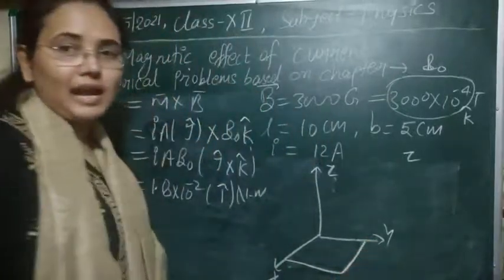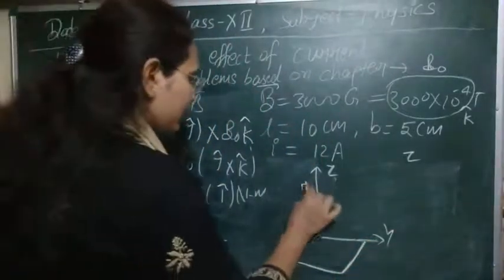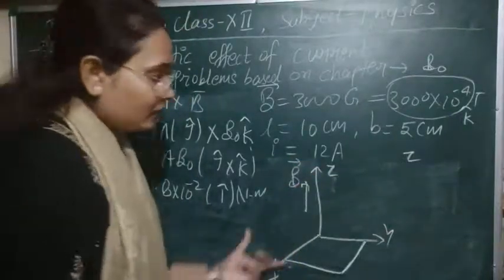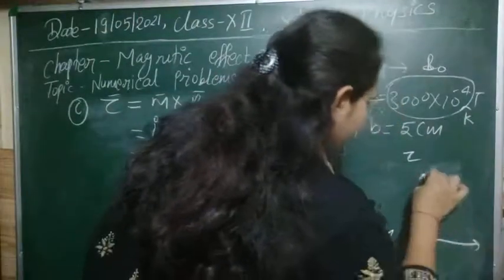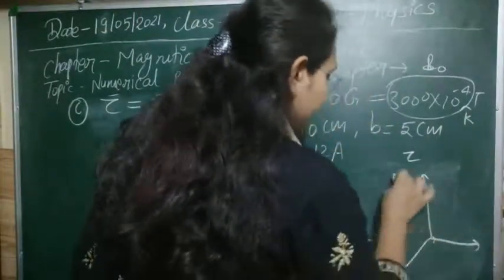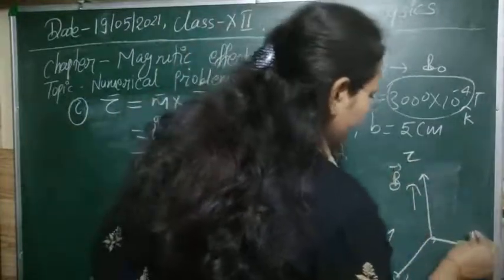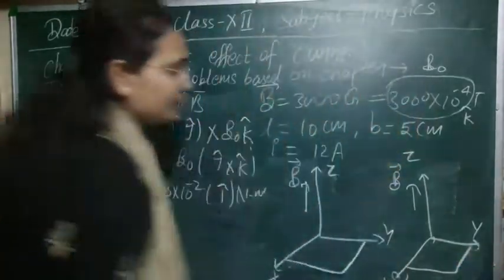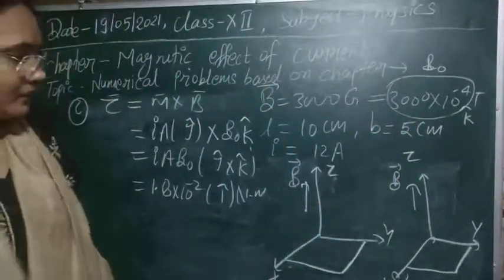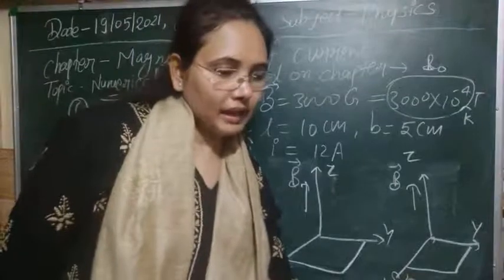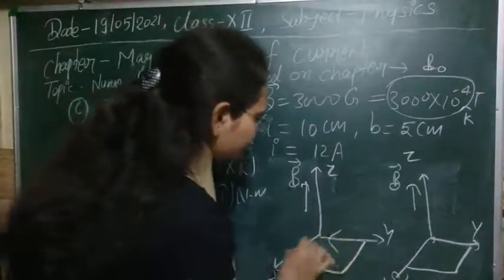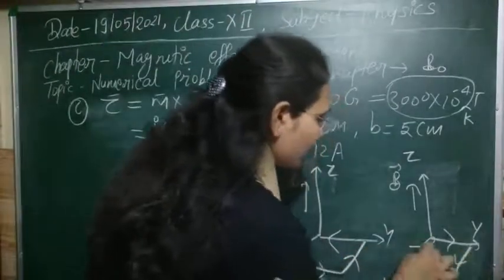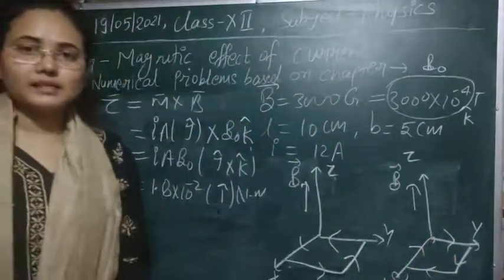So suppose we have a loop in the XY plane, and again the magnetic field is in the same direction along the positive Z direction, and we have two cases: in one the direction of current is anti-clockwise, in the other it is clockwise. So these are the cases that are given.